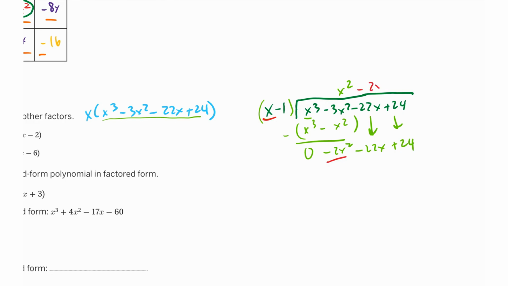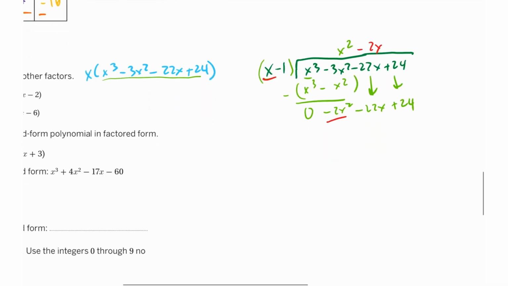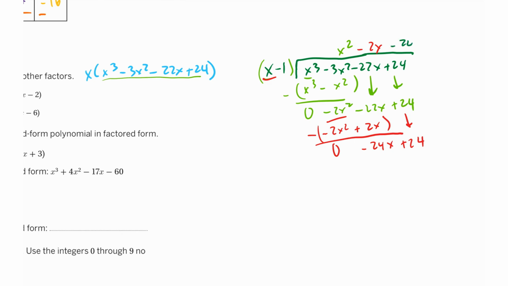That would be negative 2x, which when I multiply gives me positive 2x. Now I subtract and I get 0. I get negative 24x. And then bring down the positive 24. And then this is looking good because next is negative 24.